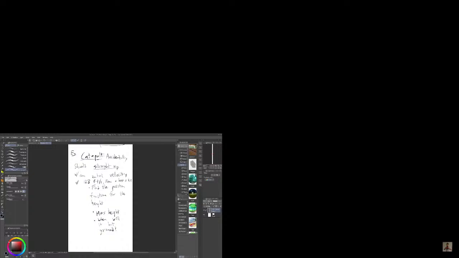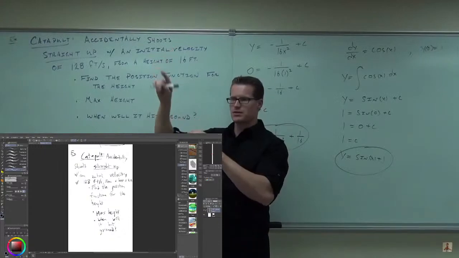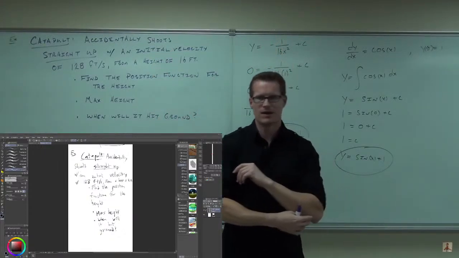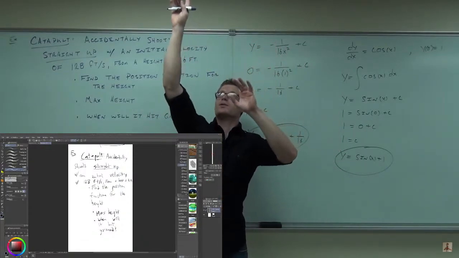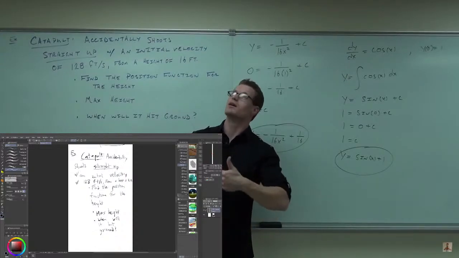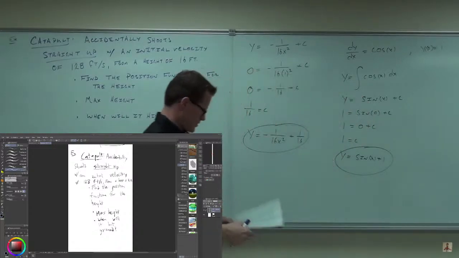Or maybe your catapult's 16 feet high, so when it starts throwing it, it's at 16 feet. Something breaks, you messed up, but it launches straight up from your huge catapult, and you're like, oh crap, it's going to hit me. So you just watch it and you count. Let's see when it's going to hit you. That's the idea here, because we would all do that, naturally.